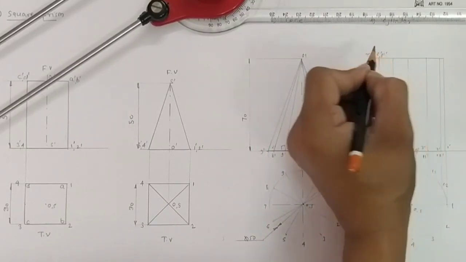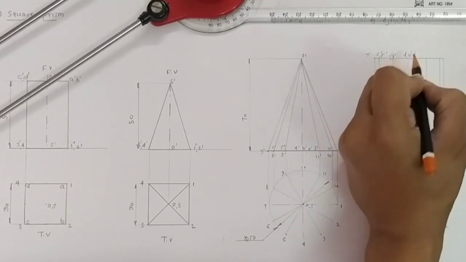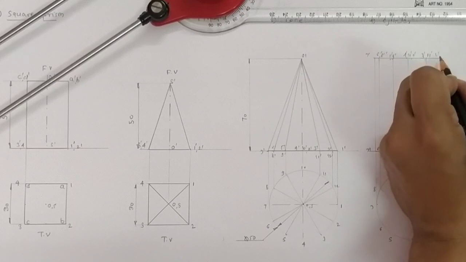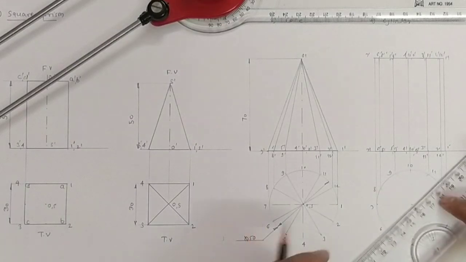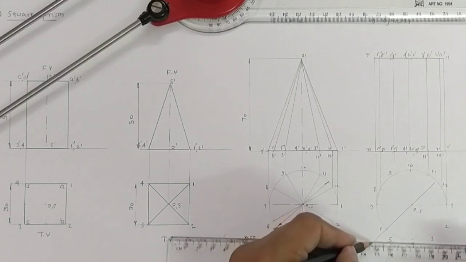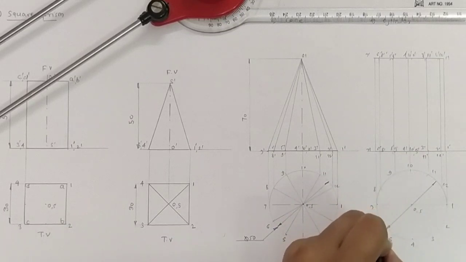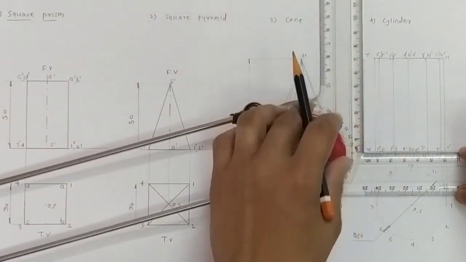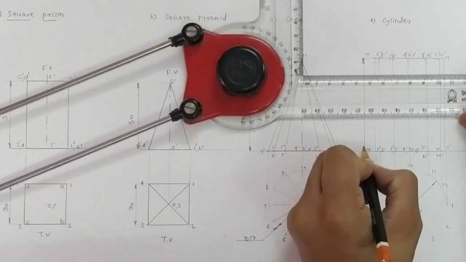Here you have to give both sets of names because there are two bases. The diameter is 50 and the dimension is 70.